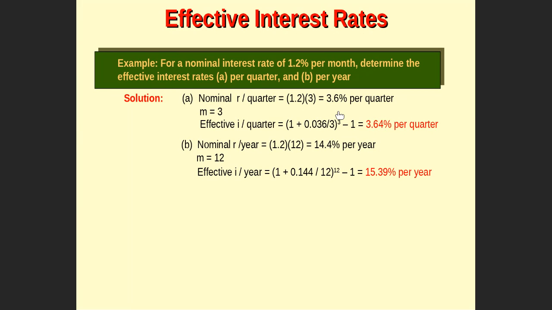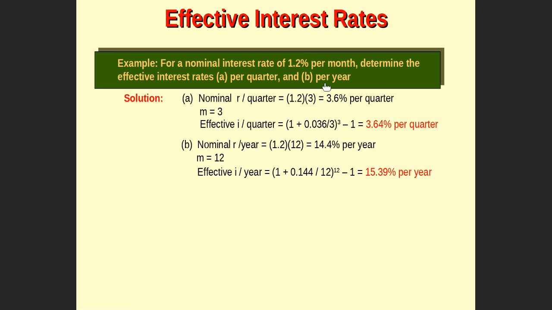Now the second part, part B, asks you to do the same but per year, not per quarter. Again, we do the same. Is the time period greater than the compound period, or is the compound period greater than the time period? We have the same case, because the compound period here is year and the time period is month, so the compound period is greater.